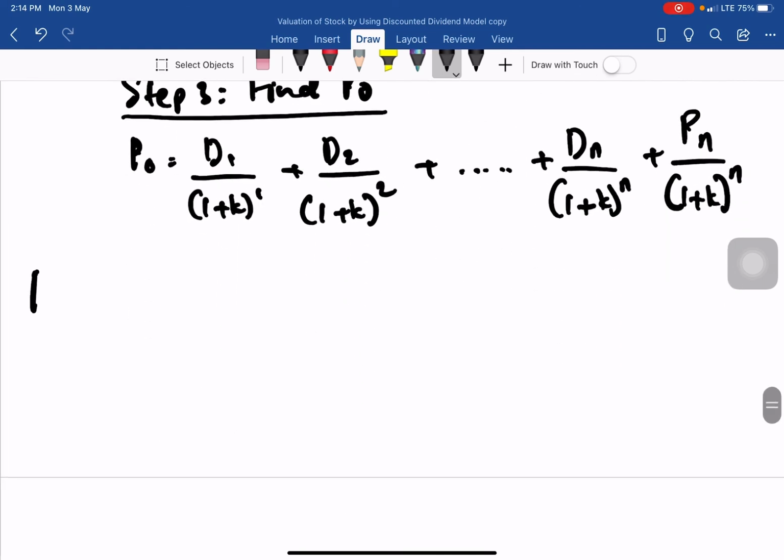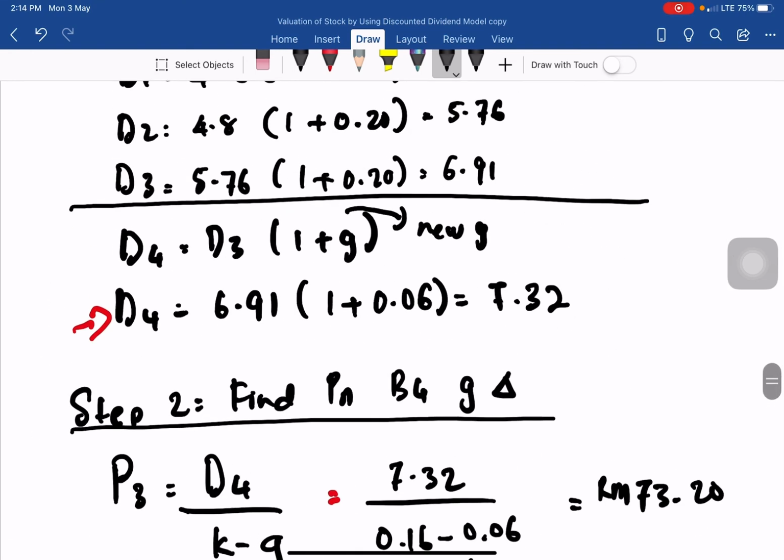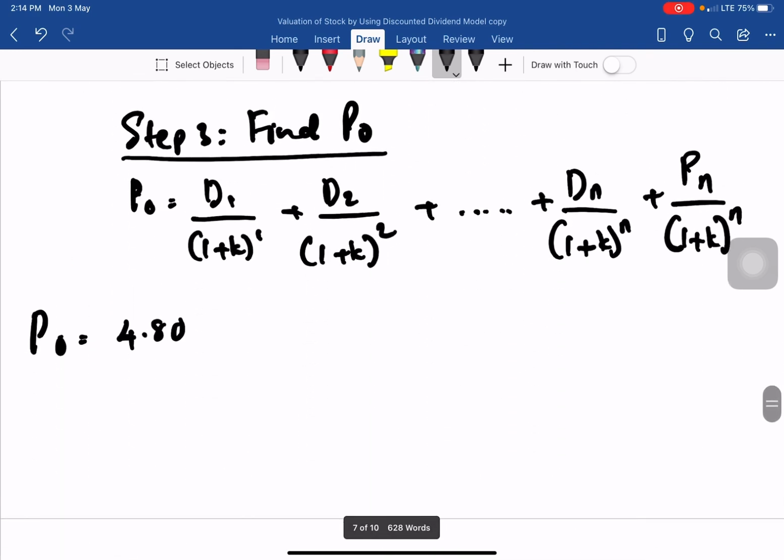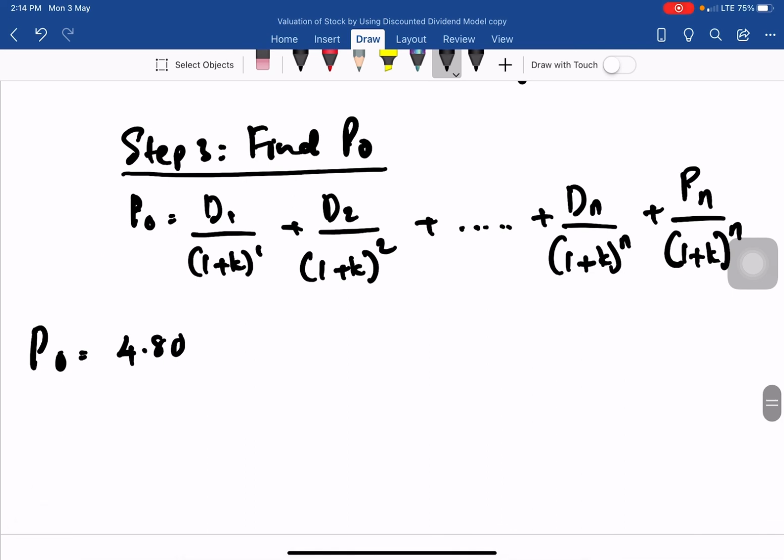Okay. So, the P0 is equal to, so D1 tadi RM4.80. Dekat sini yang kita kira mula-mula tadi tu. Yang ni. Kan D1 ni. Okay. So, P0 is equal to D1 RM4.80 divided by 1 plus K. So, K given 16%, 1 plus K kan. 1 tambah 0.16. So, 1.16 lah. Okay, power of 1.